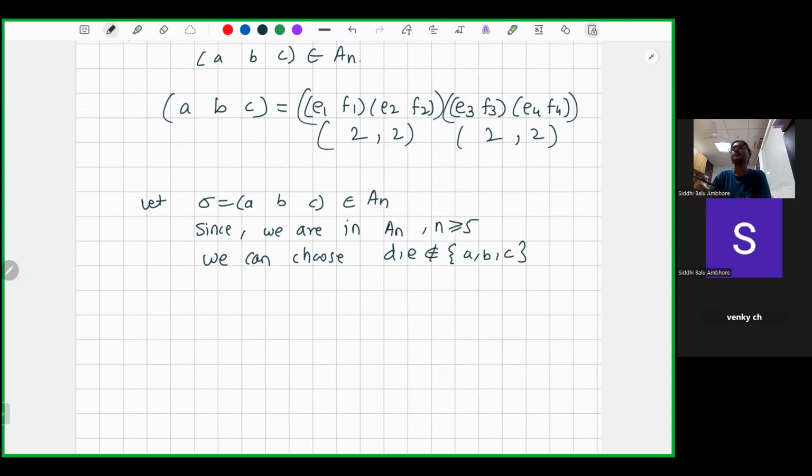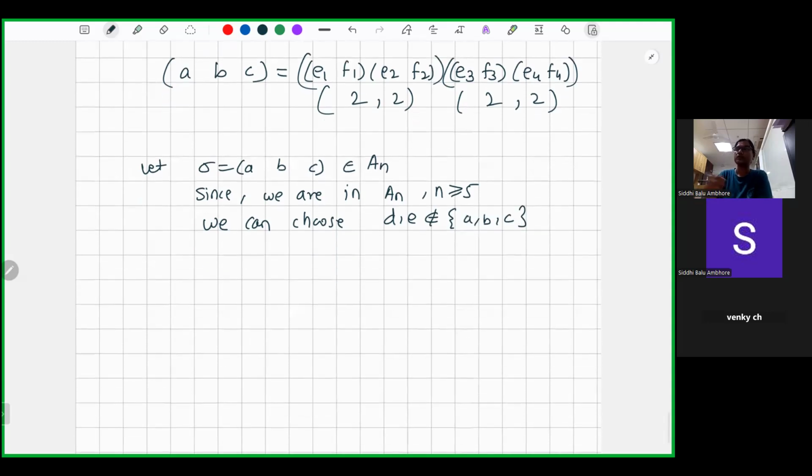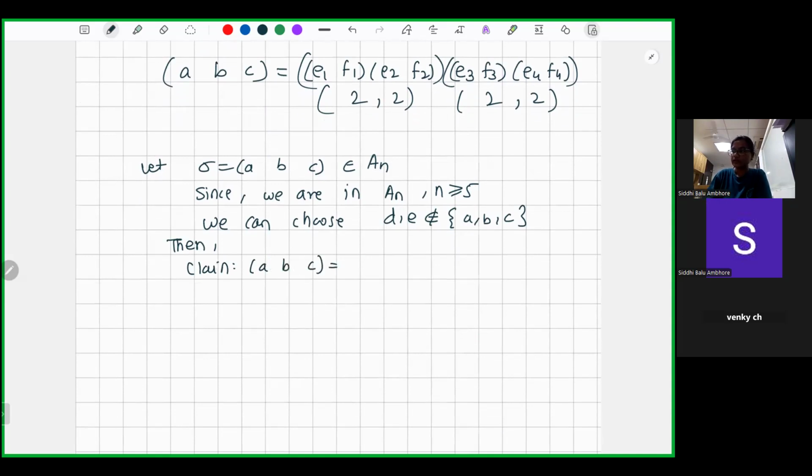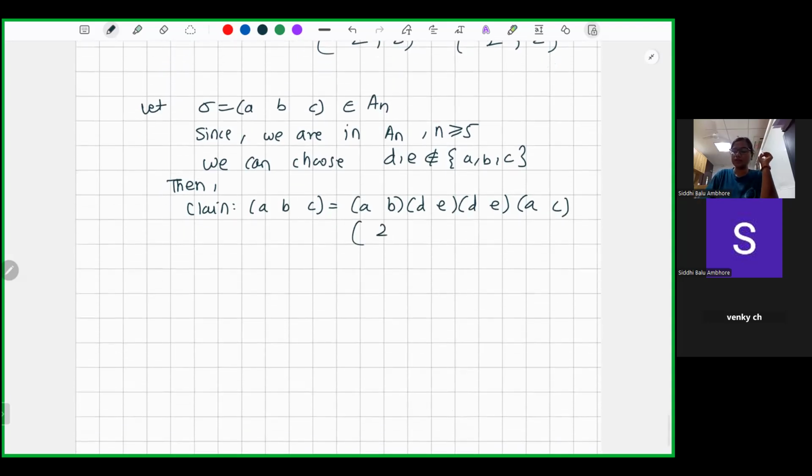So we are just choosing extra elements, any two elements not equal to A, B, C. Then we claim that this (A B C) is (A B)(D E) times (D E)(A C). Now this becomes 2-2 cycles.